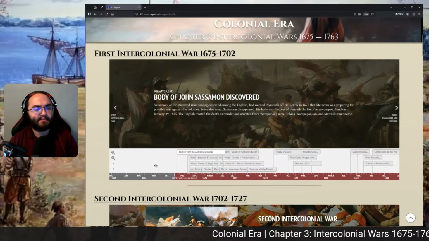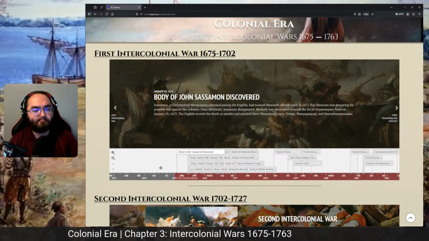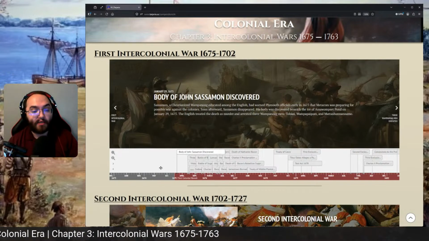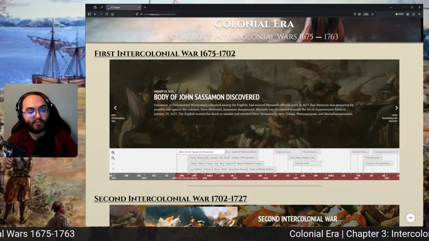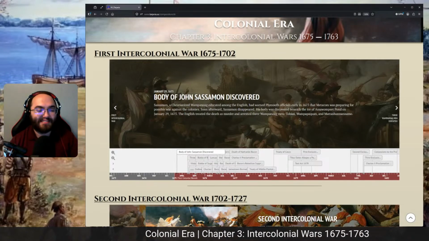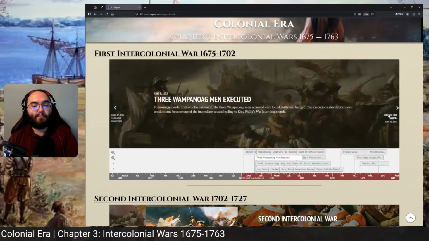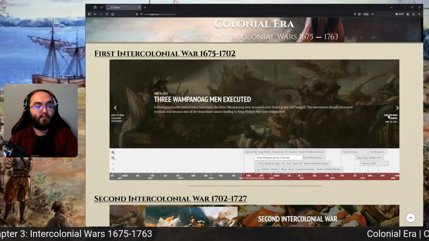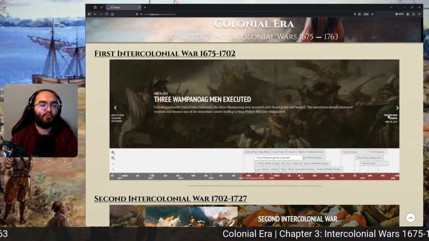And the inciting incident for King Philip's War is the body of a Native American who was Christianized, found in January of 1675. Because of this, 3 Wampanoag men are executed following a murder trial.